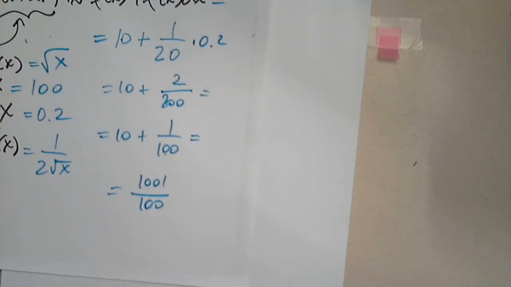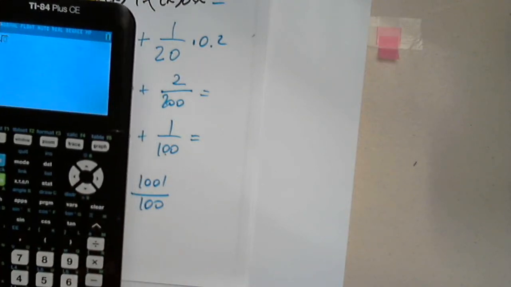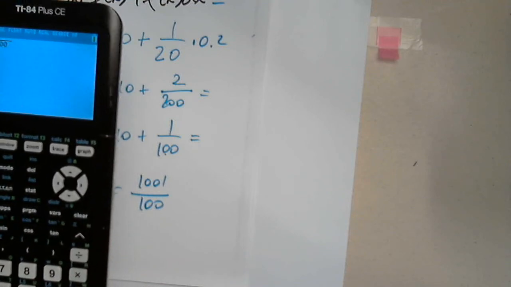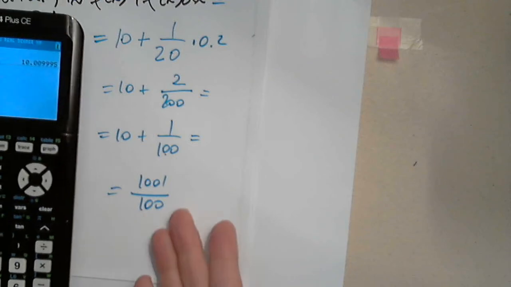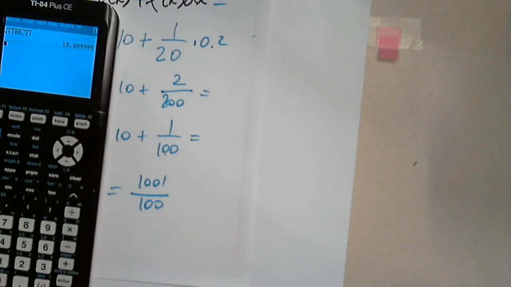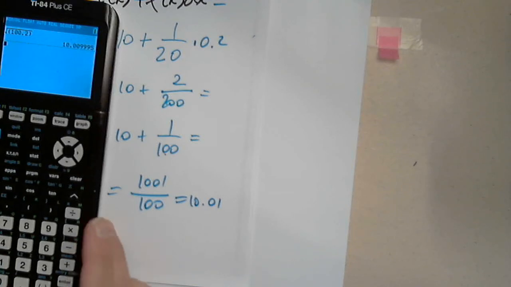You don't have to do anything else, but you have to check just to make sure that there is no error. So I will determine the square root of 100.2 and press enter. I know that this is 10.01, I don't have to plug it in the calculator.